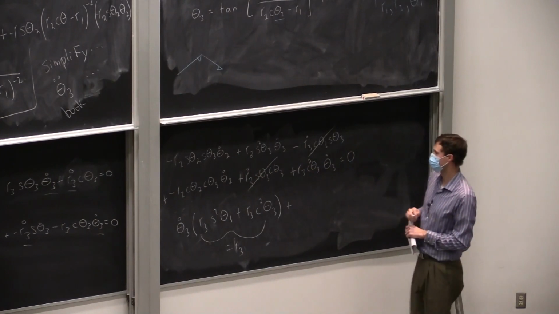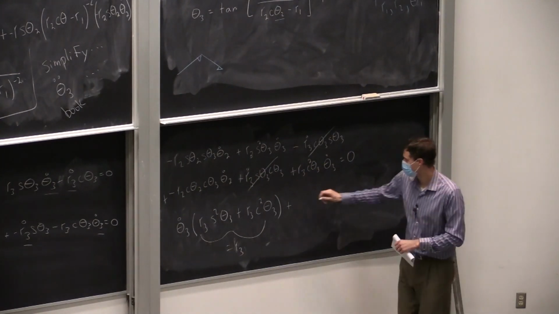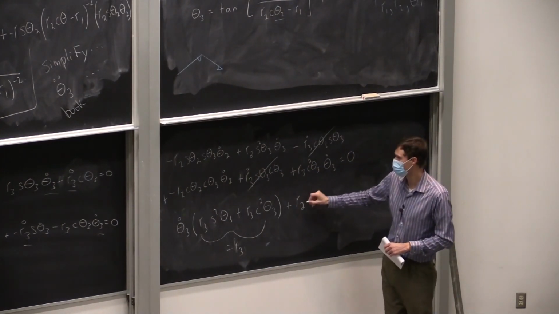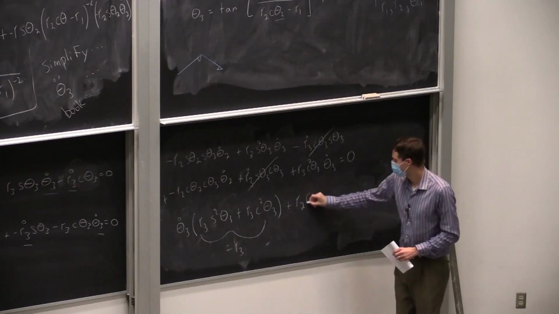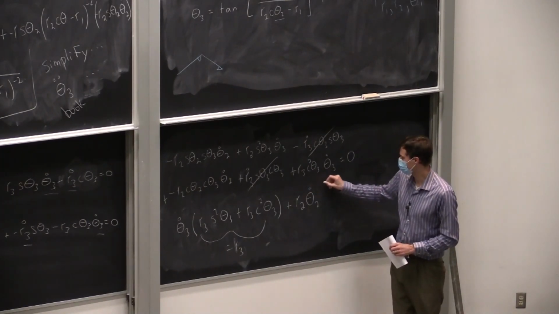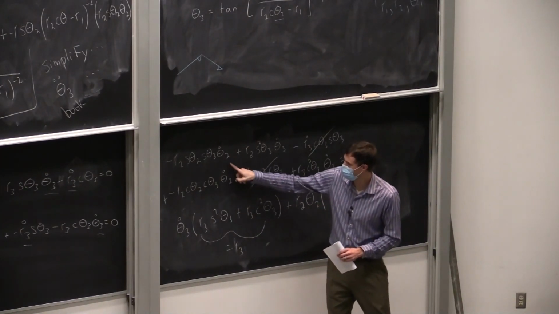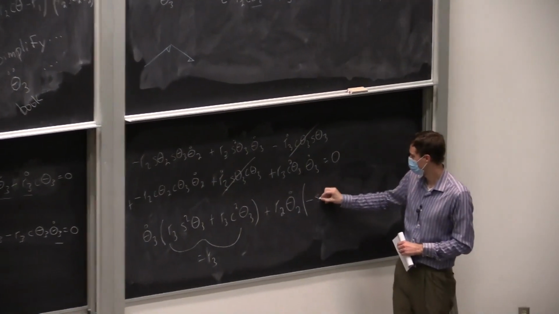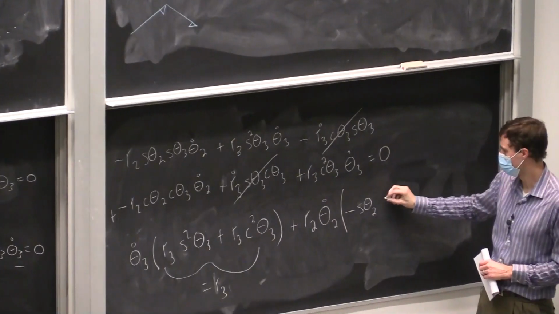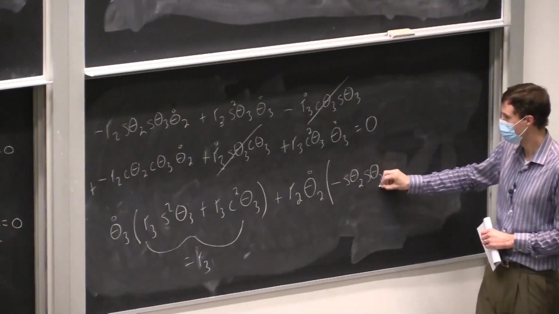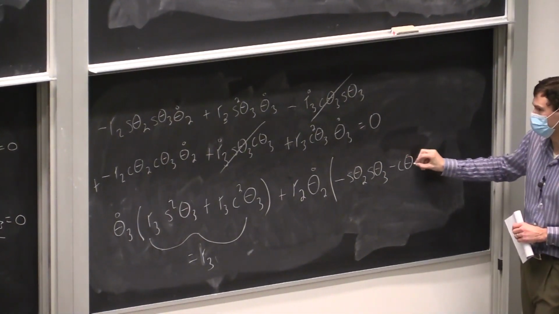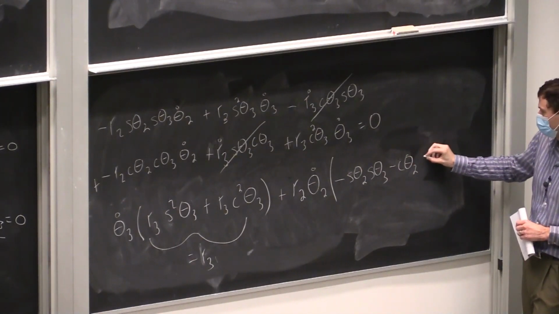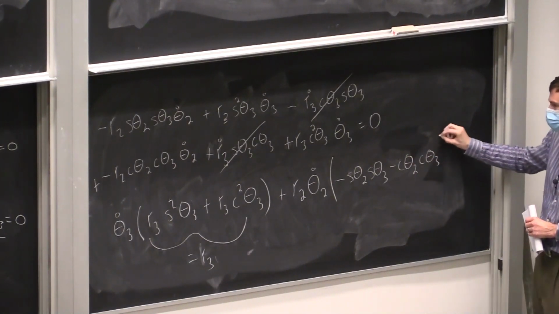All right, so that was the theta 3 dot terms. Left over is R2 times theta 2 dot. There's 2 of those terms. And they're going to be minus sine theta 2, sine theta 3, minus cosine theta 2, cosine theta 3.